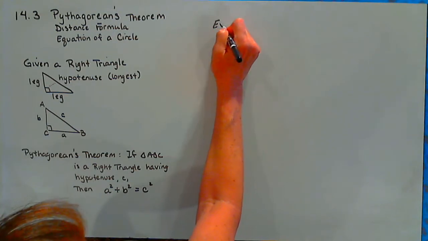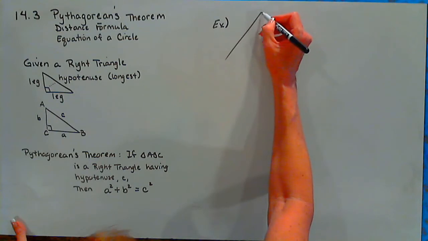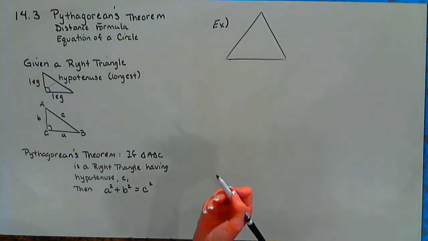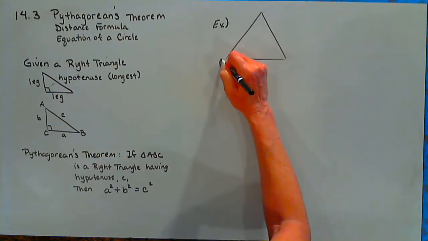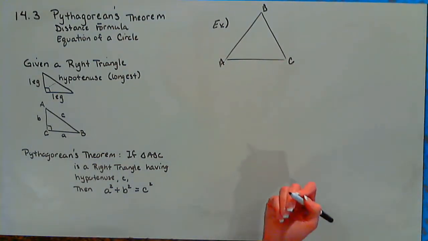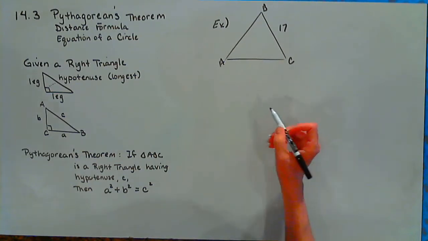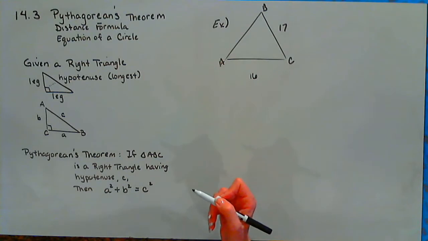Let's take a triangle. And this time I'm going to give you that it may not be equilateral. In fact, it's not. I'm going to give you that triangle ABC. So right now it is not a right triangle. BC is 17 units long and AC is 16 units long.